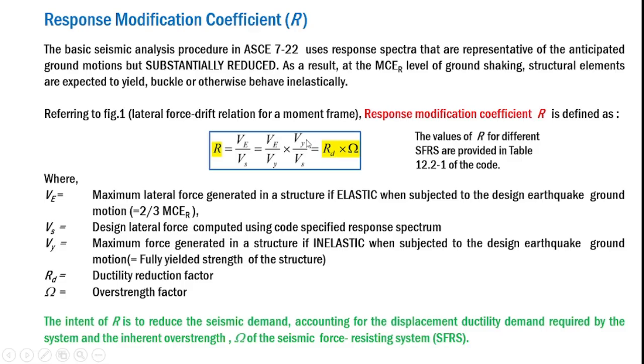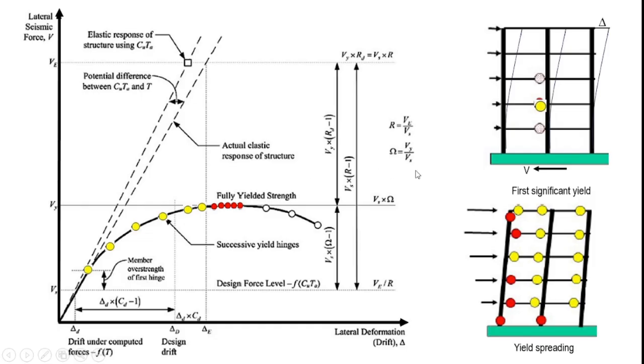Now let us talk about Vy by Vs. It is very clear to us that the code specified design level is Vs, whereas the structure has reached a fully yielded strength of Vy, and we know that Vy is higher than Vs. So let us go back to this diagram.